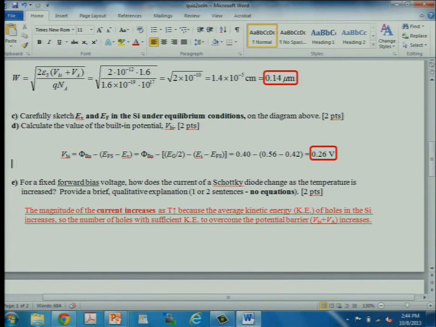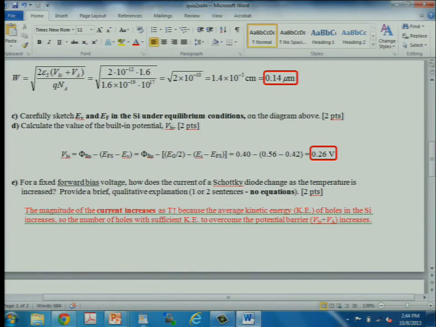Okay. I don't think mobility is in the equation. Mobility is not in the equation for the Schottky diode forward current. It is effective mass, which is partly related to mobility. But okay, so you say mobility increases.